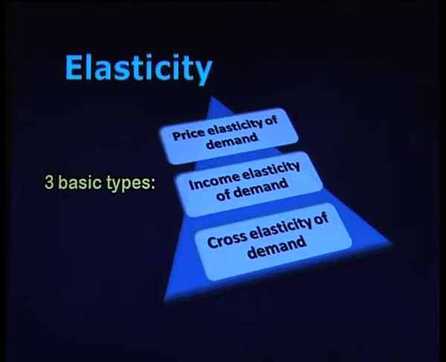As I have already said, there are three basic types of elasticity. The first one is price elasticity of demand. The second one is income elasticity of demand. Third one is cross elasticity of demand. One by one, we will be talking about these three types of elasticities.